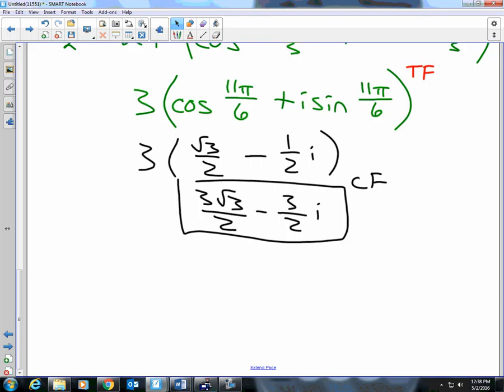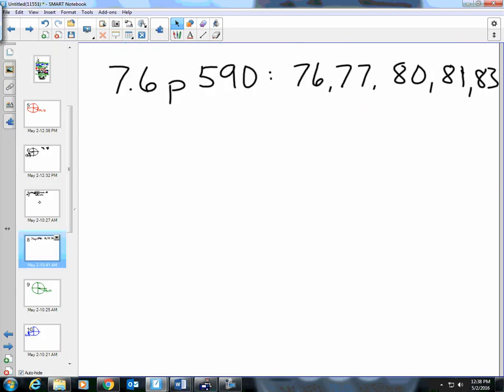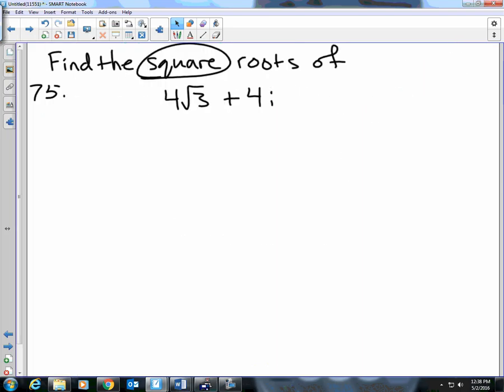So let's take out a sheet of paper you're going to do your assignment on. We're going to do problem number 75 from your assignment right now.